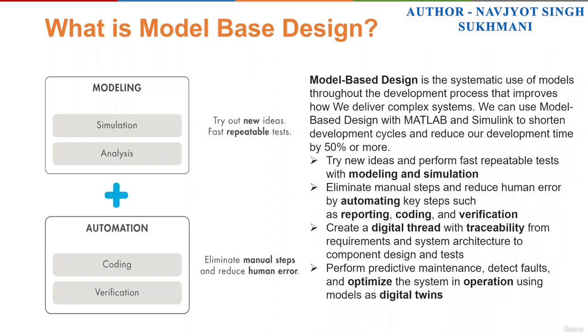According to MathWorks, model-based design with Simulink can improve product quality and reduce development time by 50% or more as well. A model describes a system in an abstract and simplified manner with mathematical equations and executable diagrams.